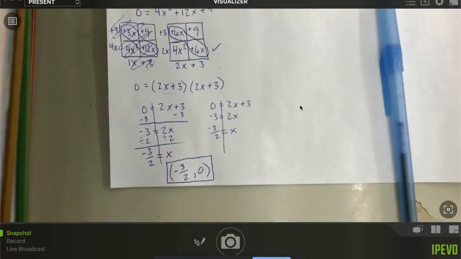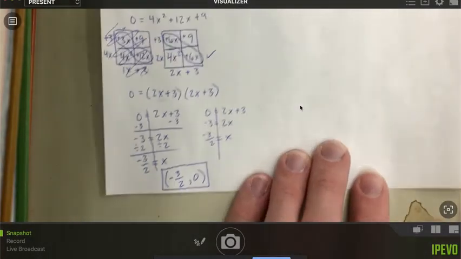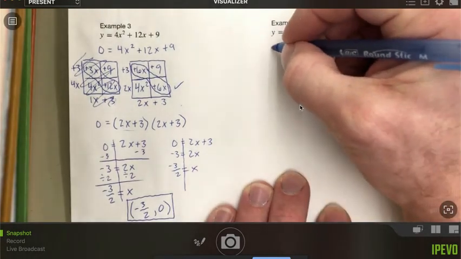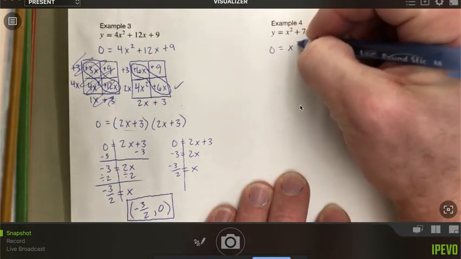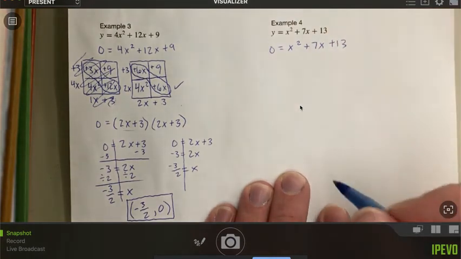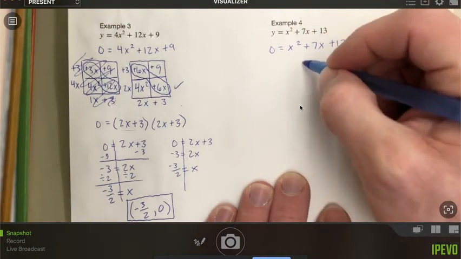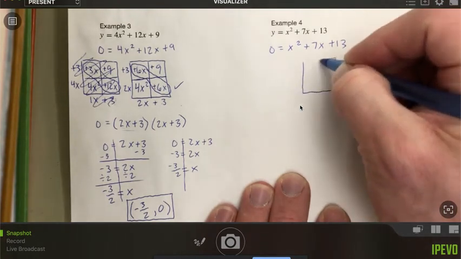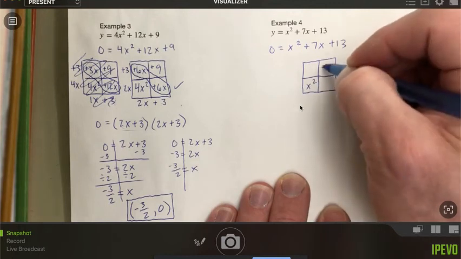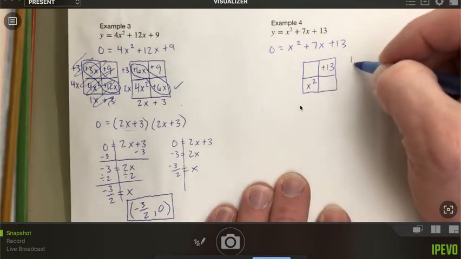All right, finally, let's take a look at 4. 4 on the surface doesn't look bad because it's only an x squared, so that's nice. But now the problem is, you're probably noticing that the only factors of positive 13 are 1 and 13.